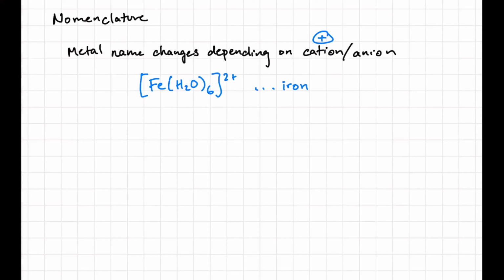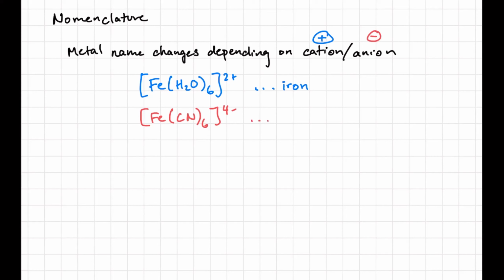However, if it's an anion, so let me use a different color. If I somehow did Fe, let's do something like this. My trick, well, because it's an anion, you know you have to change the name.